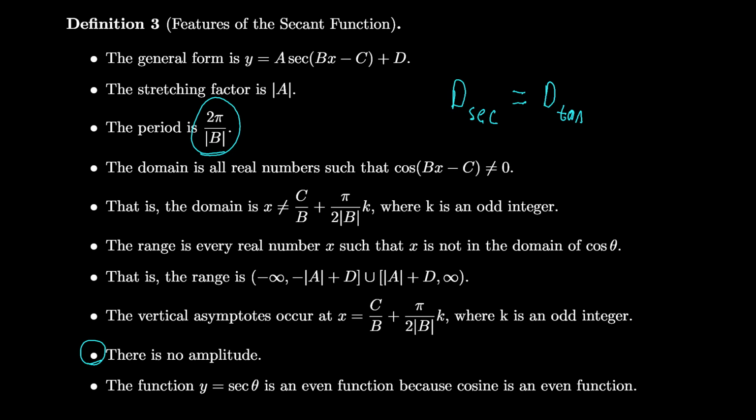So the domain is all these places. The range is every real number x such that x is not in the domain of cosine. That is, just put this in your head. It's everything from negative infinity to negative absolute value of a plus d, and from absolute value of a plus d to infinity.